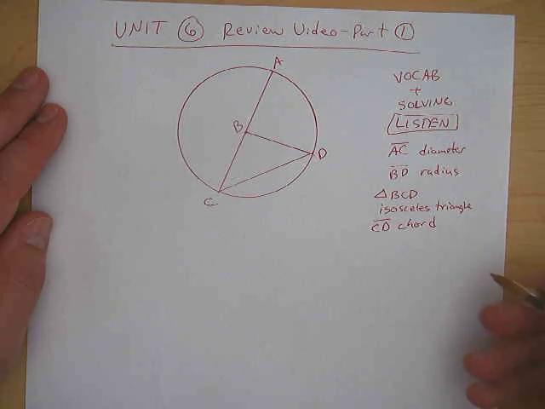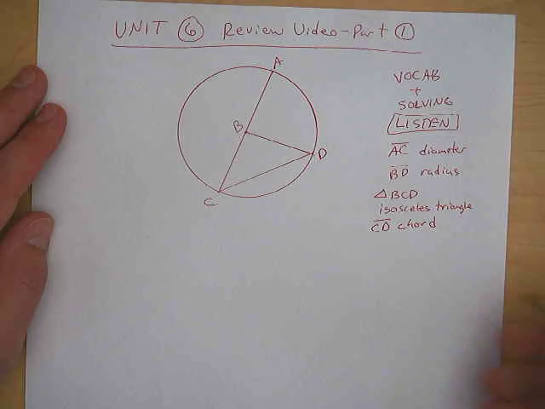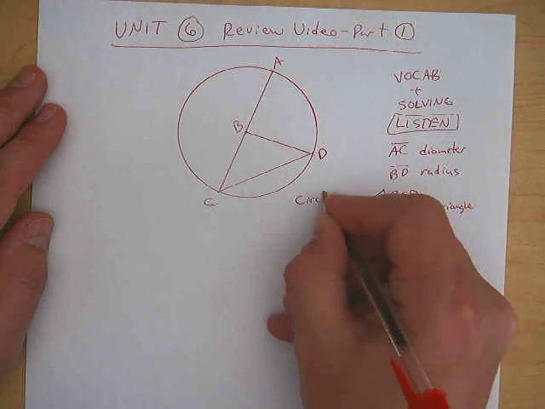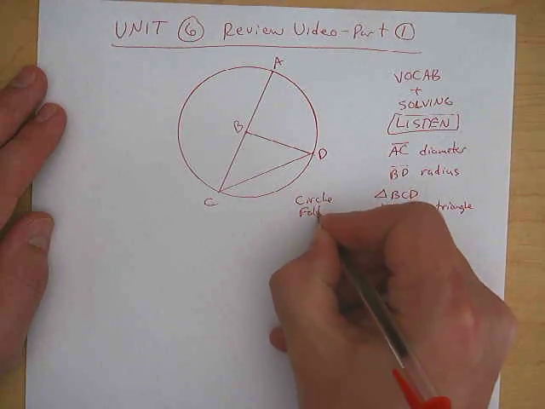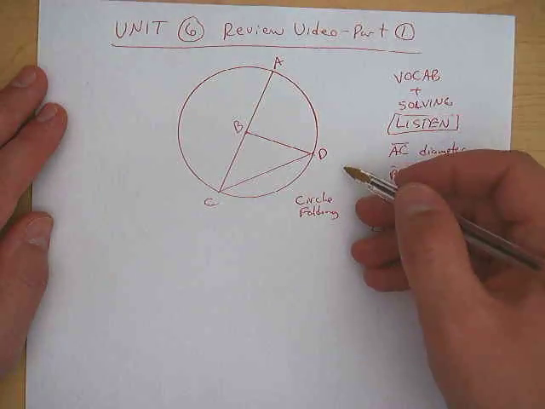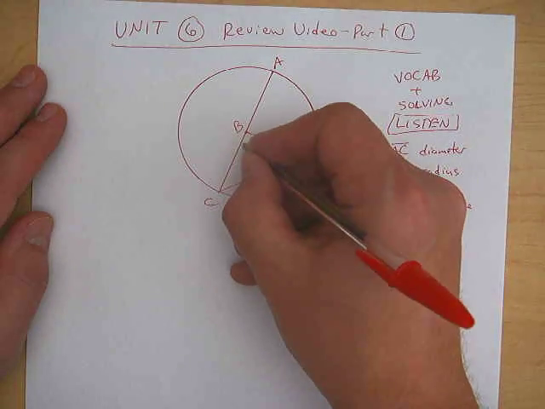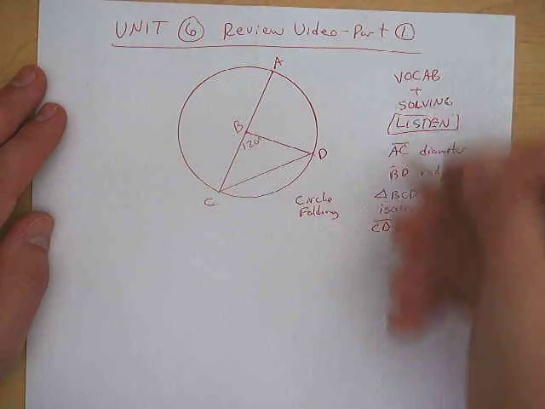Now, when we did our little circle folding, if you look back at the circle folding activity, we know that the circle folded 3 times to make an equilateral triangle.